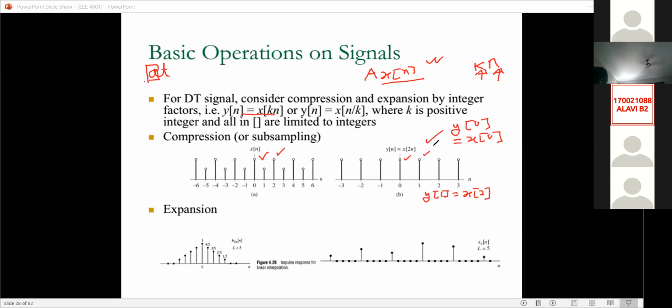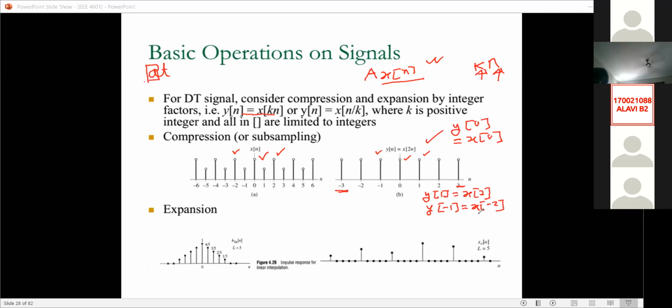Similarly, if we want to calculate y[-1], that is equal to x[-2], so x[-2] is coming at y[-1]. You see that if you go from -3 to 3, in y[n] only n equal to -3 in the lowest case and n equal to +3 in the highest case are possible.